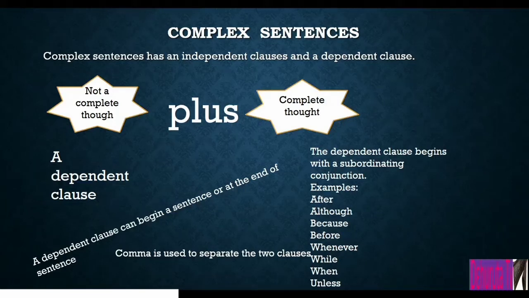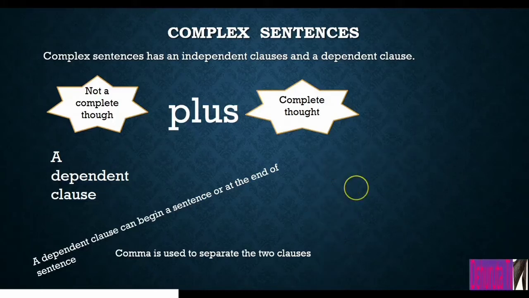Now we have our dependent clauses. Dependent clauses begin with a subordinating conjunction. And what are these subordinating conjunctions?